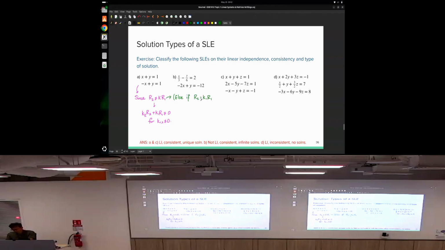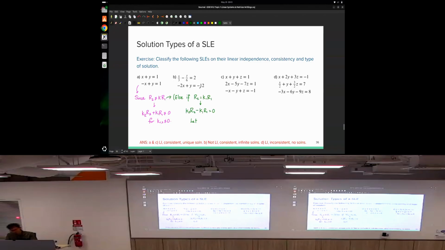Which means from here you can write row 2 minus k1 row 1 equals 0. Correct or not? So this k1 is defined already. It can be 2, can be 1, doesn't matter. From here, I can purposely choose a k2 such that k2 row 2 equals positive k1 row 1.